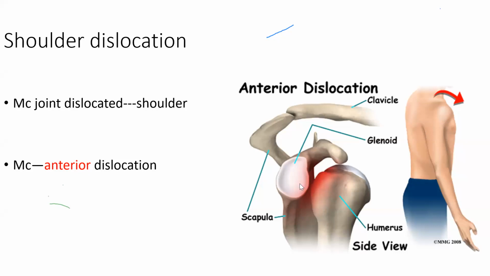If the question asks for the weakest part for dislocation, it is always inferior, but the most common is anterior. In anterior dislocation, the humerus goes anterior to the glenoid labrum.